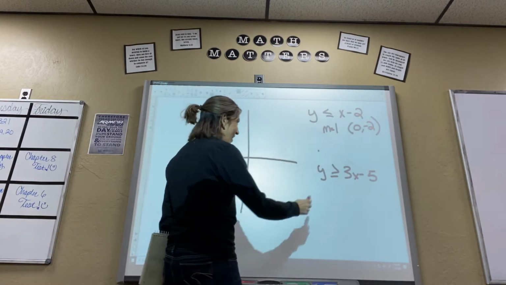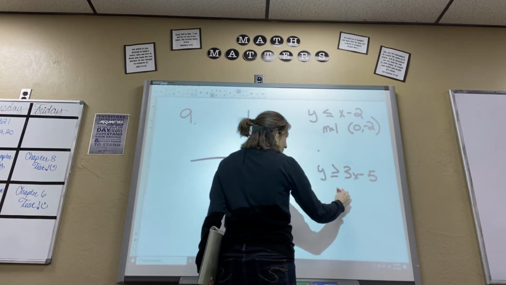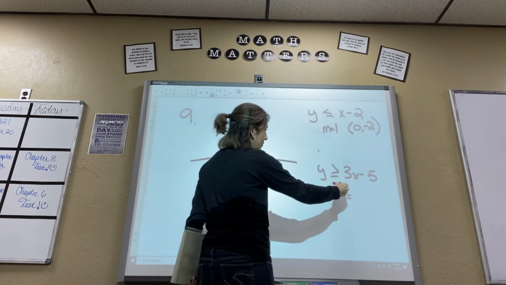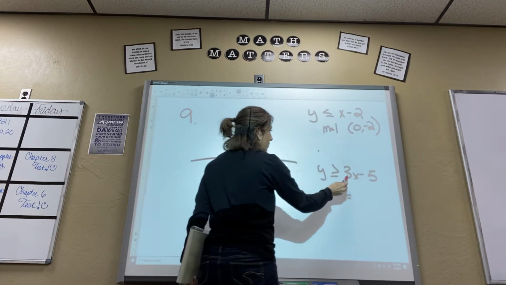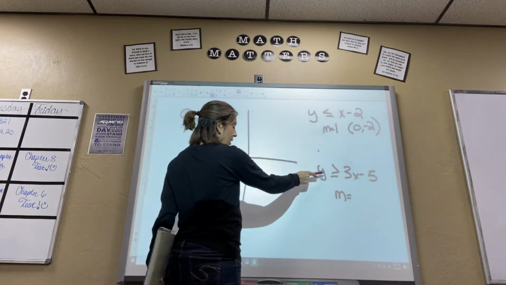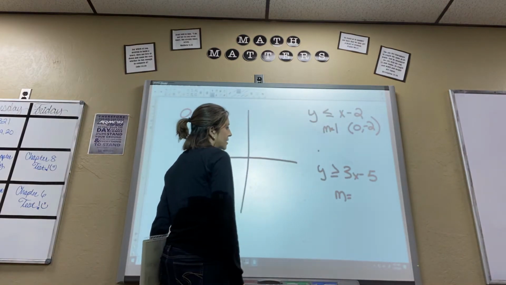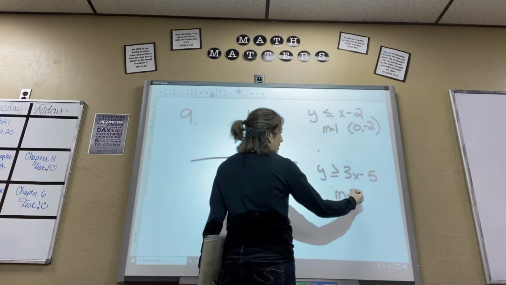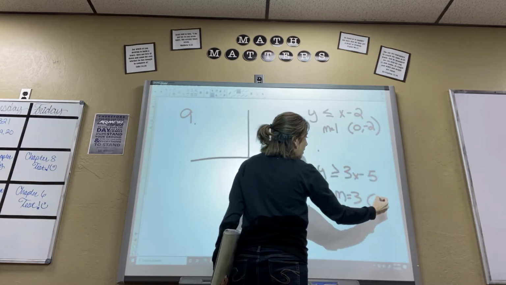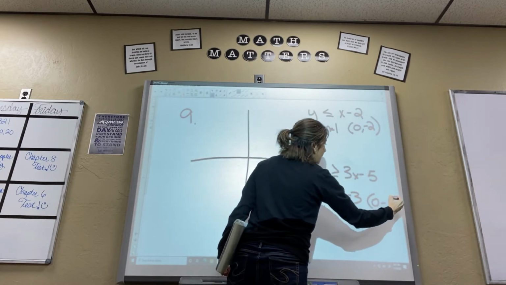Kind of? Okay. And this one, what is the slope on the second one? This one right here. It's the number in front of x. 3. Yep. And then the y-intercept is 0, negative 5.